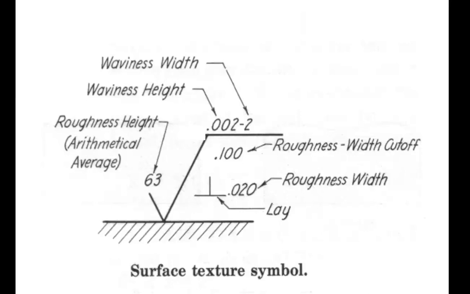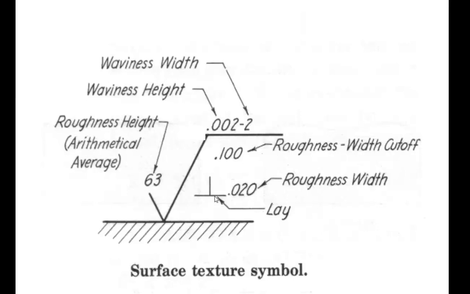Lay means the direction of the irregularities set by the edge of the cutting tool. If the direction of the irregularities with respect to the edge of the surface is in perpendicular direction, we use this symbol.